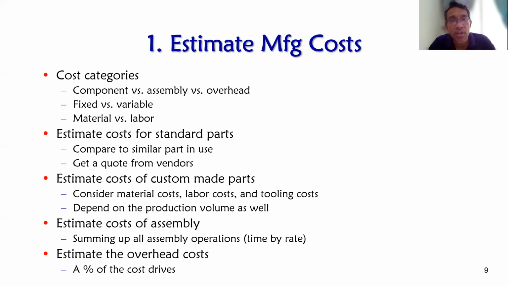Manufacturing cost is a very important part when we want to do cost saving. We need to make an estimation, so we need to know the costs that occur inside our production first before we can go for the estimation. We need to understand the cost categories, estimate the cost for the standard part, estimate the cost for the custom made part, and then the cost for assembly and the cost for overhead.